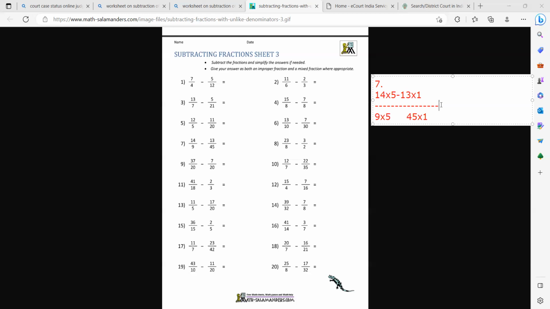So equal to 14 into 5 is how much? 70. 70 minus 13 divided by 45. 70 minus 13 is equal to how much?